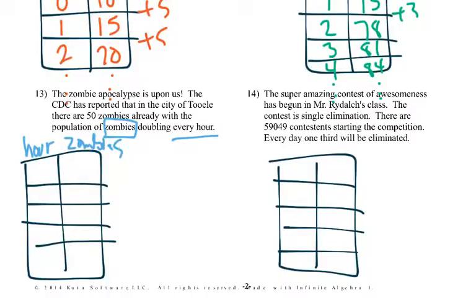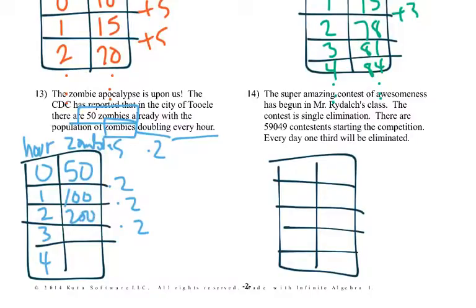When they first started off, first reporting, we already had 50 zombies. Then every hour, it's doubling. Doubling in math is times by 2, so timesing by 2 would be 100. Timesing by 2, 200. Timesing by 2, 400. Timesing by 2, 800, and so on.